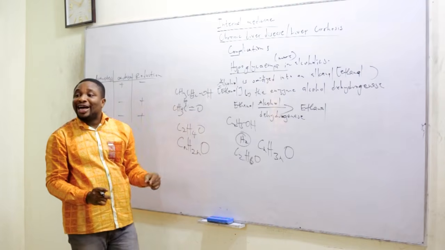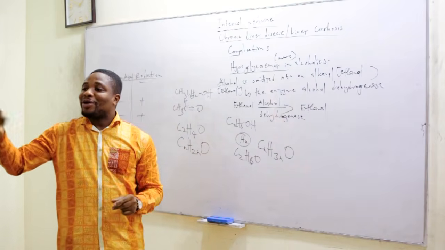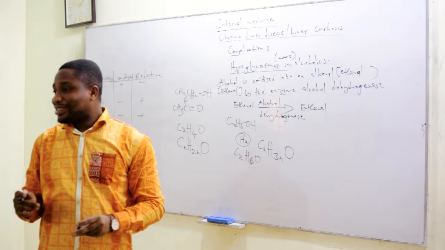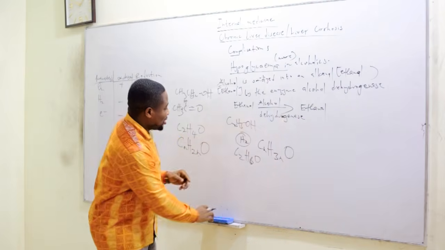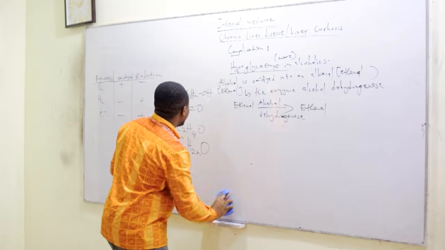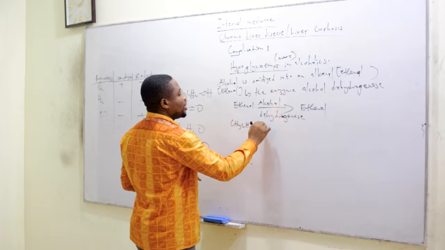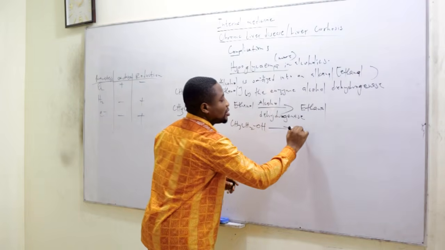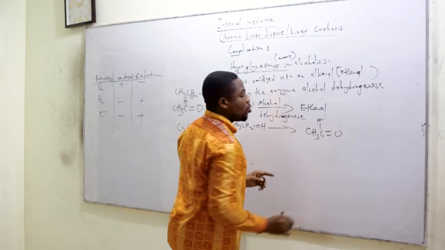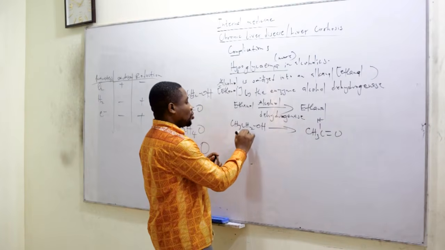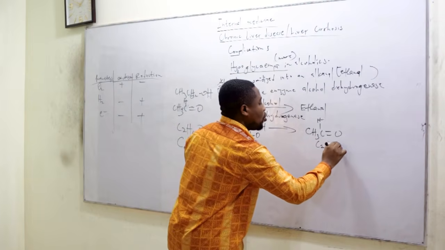So at the end of the day, how many hydrogens have we lost? 2. And if you are removing hydrogen from a compound, you are oxidizing it. You understand? So you can put it like this: CH3CH2OH going to CH3CH double bond O, C2H6O going to C2H4O.